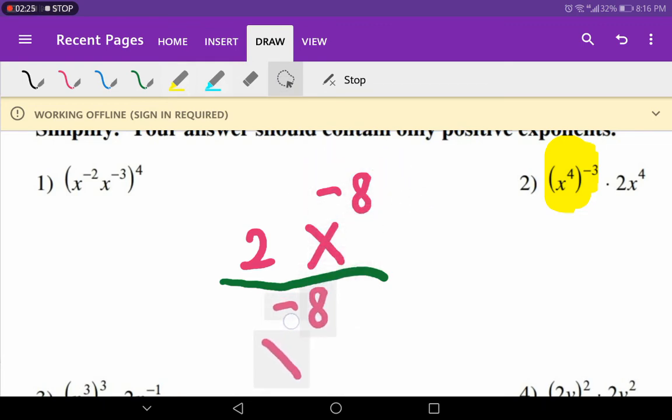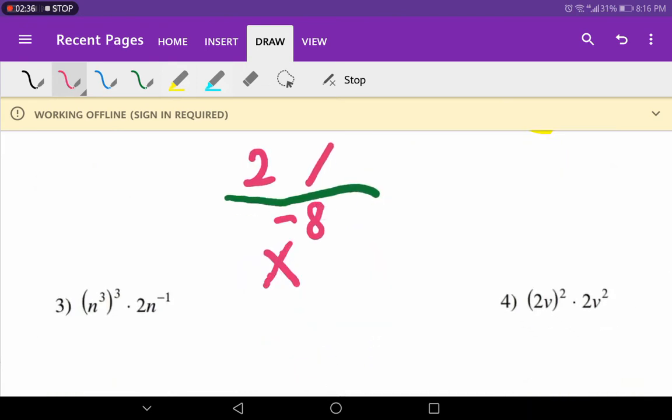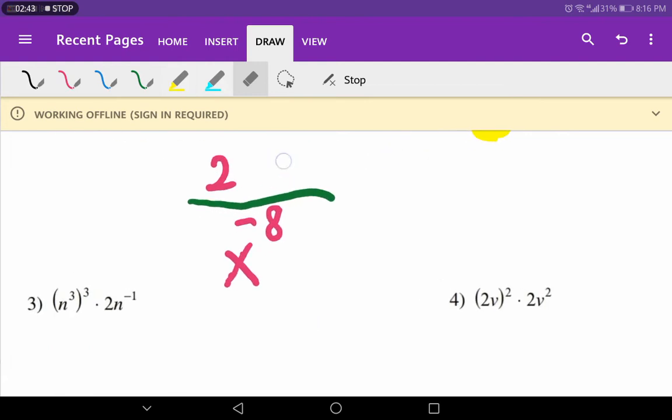I'll put it down. It will be x with negative... Let me raise it up a little bit here. And the positive and the negative will be positive. This is the answer. Sorry for interrupting you.